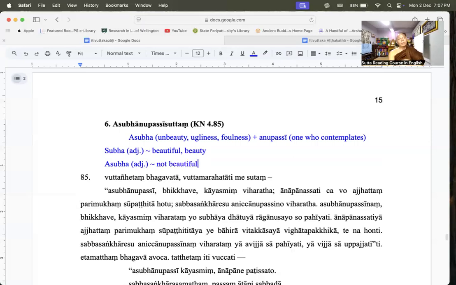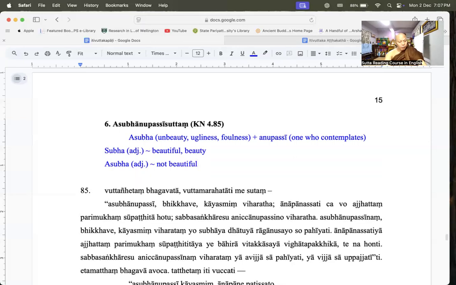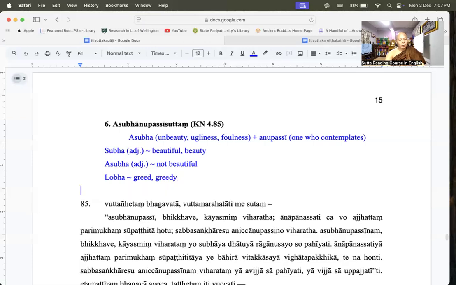Not beautiful. But in Pali, when we try to understand a Pali word, for example, lobha. The word lobha is greed, or greedy. And the opposite of that is alobha. We might understand alobha as non-greed or not greedy.